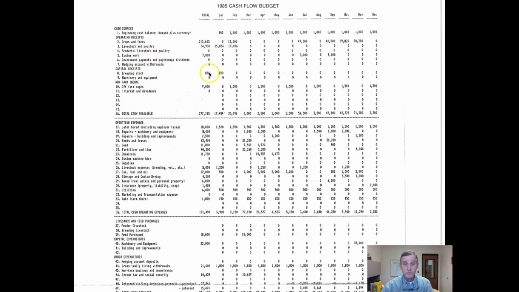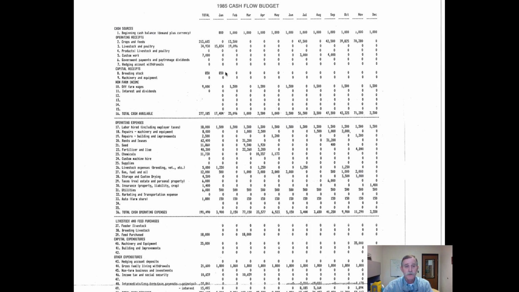We also sold some breeding stock right here, some cull inventory or something like that, that would not actually show up on the income statement. Not necessarily. It might, part of it, if it's above and beyond the book value that that particular asset had.